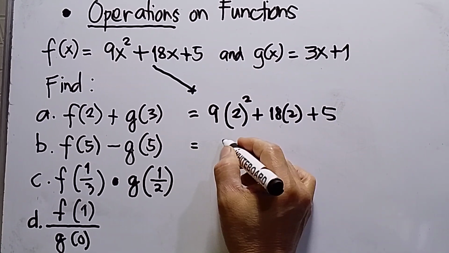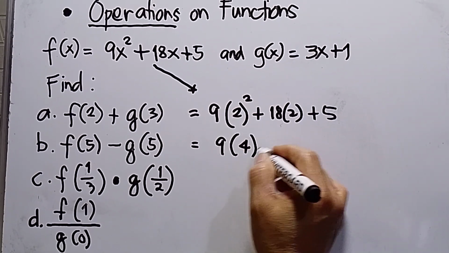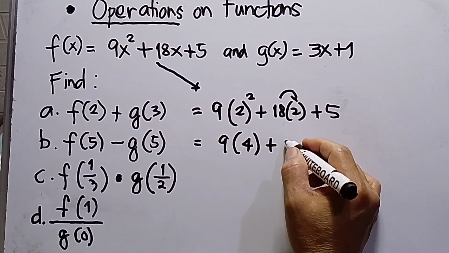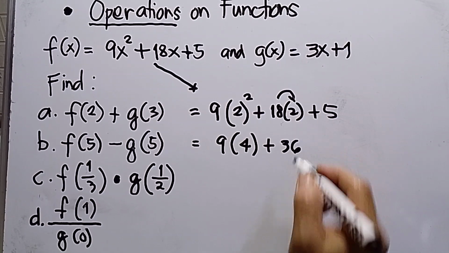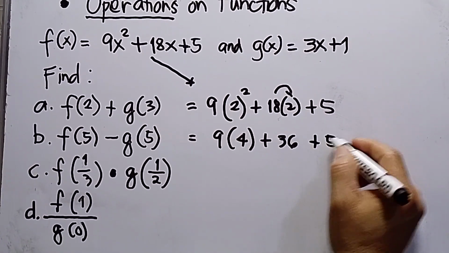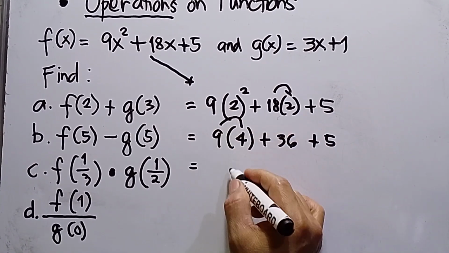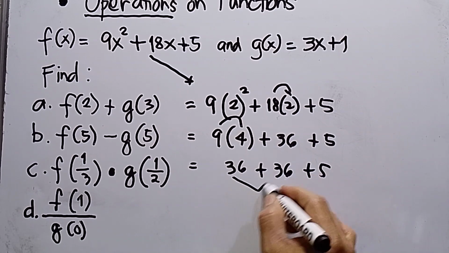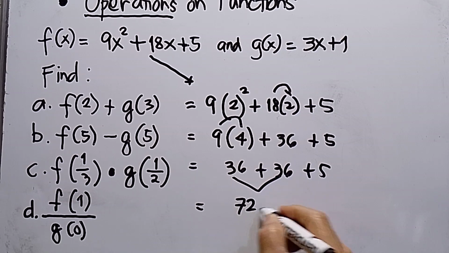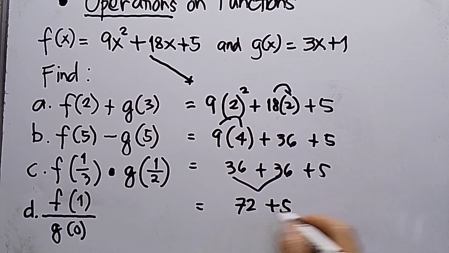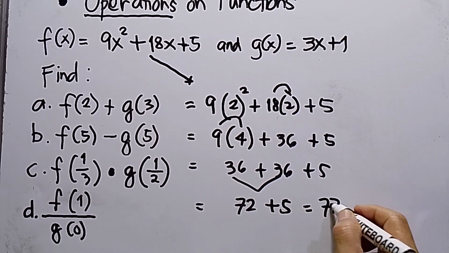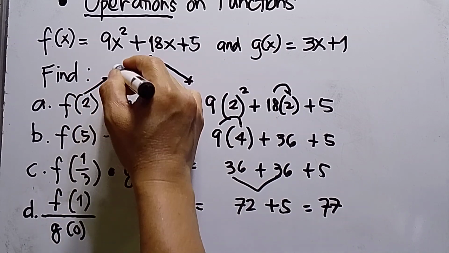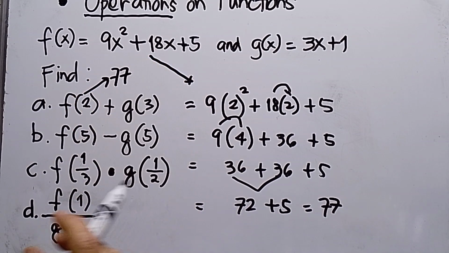So this will be 9 times 4 plus 36, then plus 5. 9 times 4 is 36, plus 36 plus 5. So this will be 72 and then plus 5, so this will be 77. So f of 2 is 77.